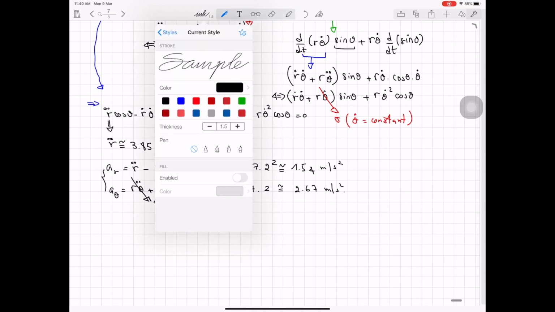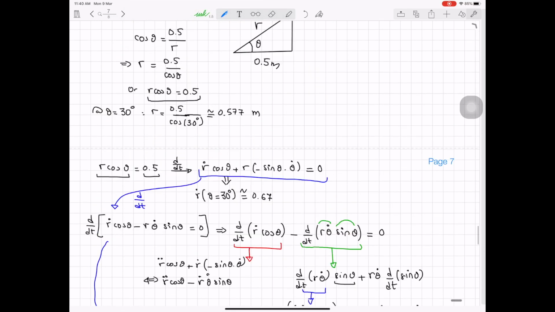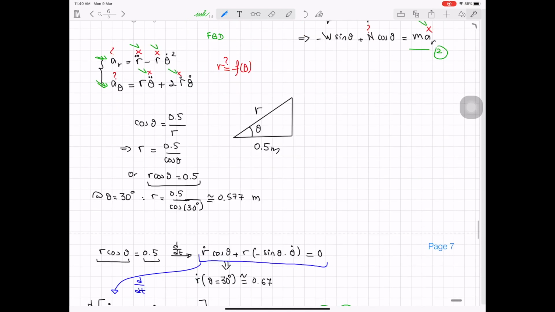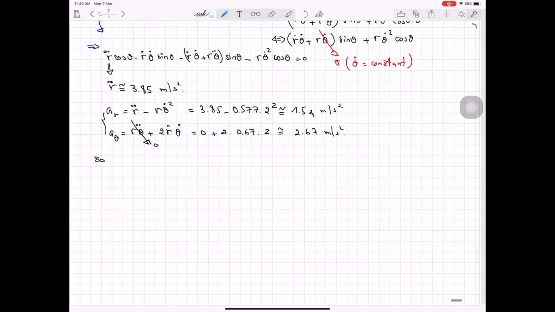Okay, good. Now that I have AR and A theta, I go back to these two equations. We have here equation 1 and this is equation 2. We have AR, we have A theta. So we are left with two equations with two unknowns, FOA and N. Solving equations 1 and 2 gives us the final answer, N and FOA.